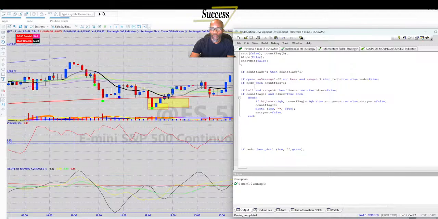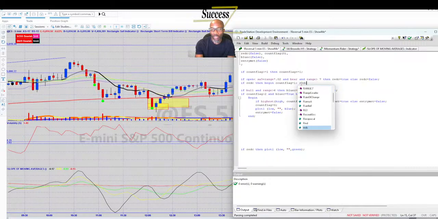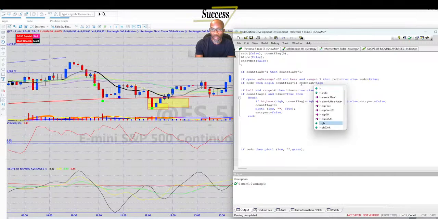So if red C, then we're going to begin. We're going to do a couple things. We're going to count the flag as equal to 1. We're also going to assign red candle high equals the high of that candle. And then we'll end that. And we got to add here red candle high. It's going to be a value, whatever value it is.